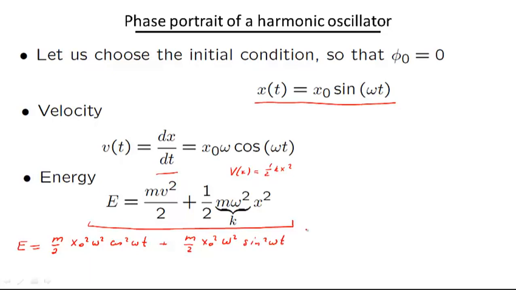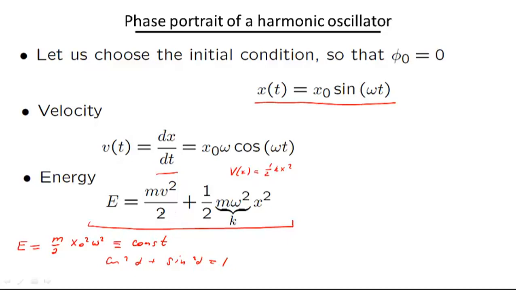And then we can use the fact that cosine squared of an arbitrary angle plus sine squared of the same angle is equal to 1. And so we see that indeed the energy is simply this. And the energy is conserved, indeed in accordance with the energy conservation law.